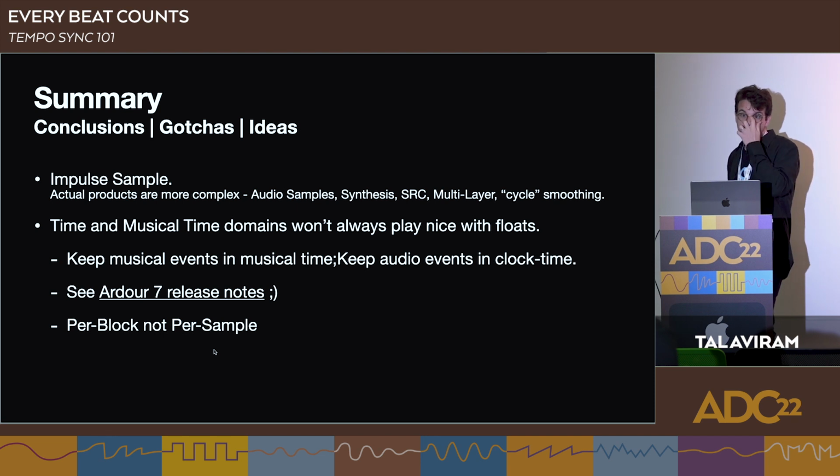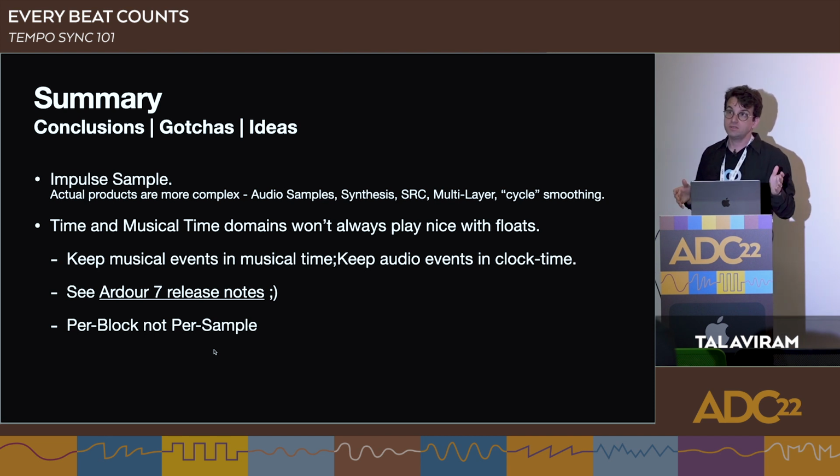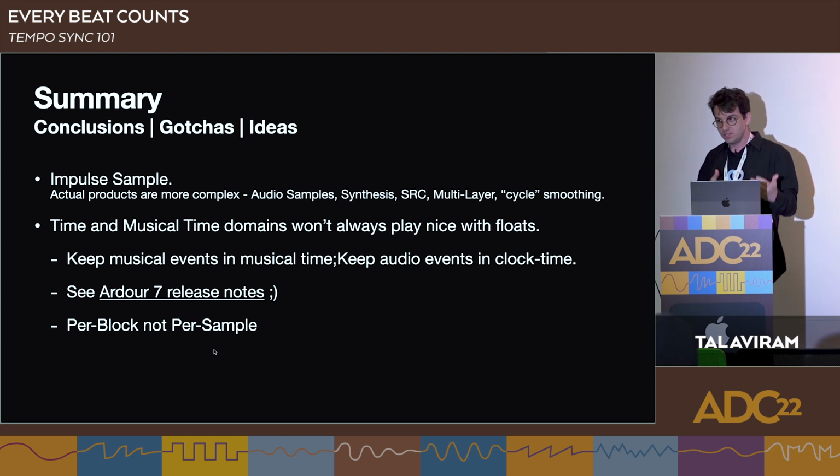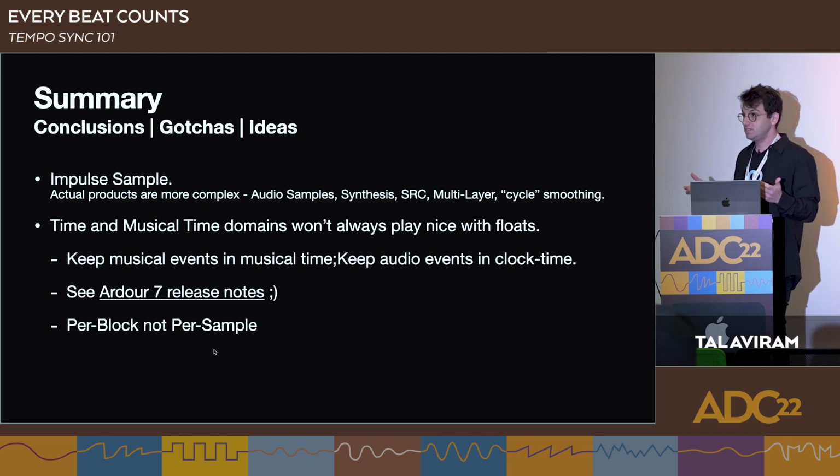Musical events are treated as a musical event. So if we say let's play something on the 16th bar, and then we change the sample rate, if we save this value as a sample, we are losing the information we wanted to save.